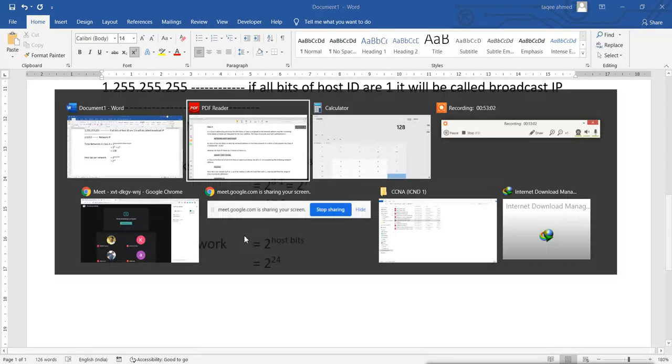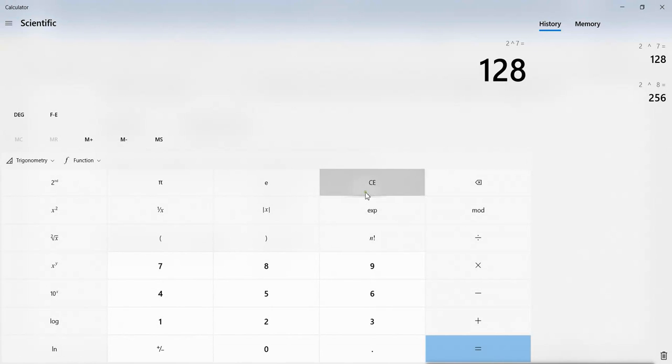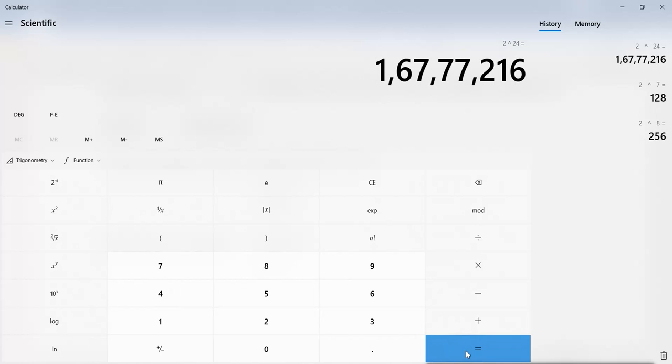Now when you do 2 raised to 24, what you will get is this. It is like 1,000, 10,000, 100,000, then a million, and then 10 million. That's 16 million 777 thousand 216.